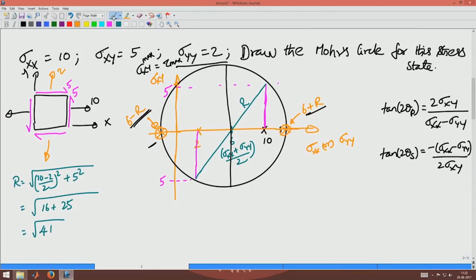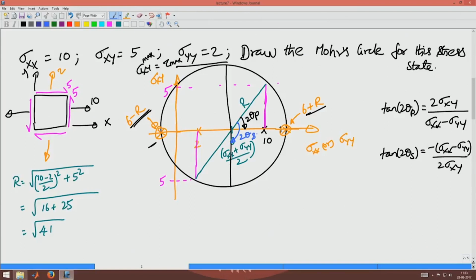So, a clockwise rotation from this plane to this plane by an angle 2 theta p will give you the orientation of the maximum normal stresses. Okay. 2 theta s on the other hand represents the plane on which the maximum shear stress occurs, that will be a clockwise rotation from here to here, this will be 2 theta s.